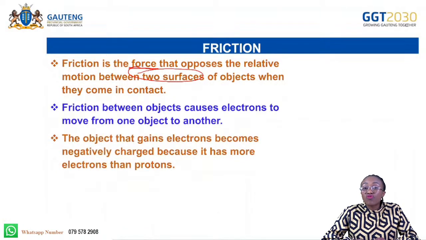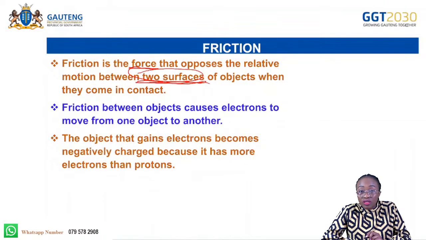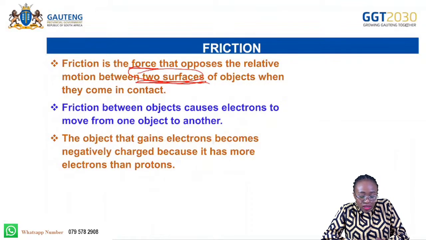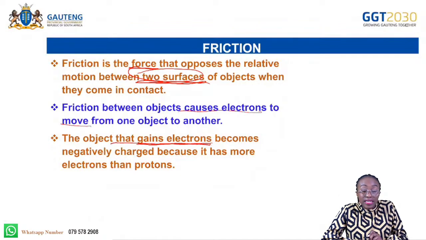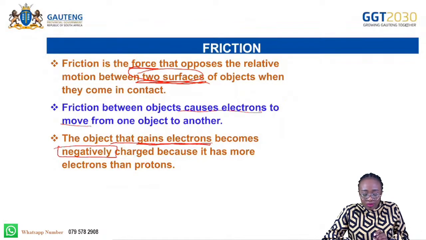Now, when this movement happens, remember it's 2 surfaces of objects. So when this friction happens, one object is going to gain electrons, because friction causes electrons to move. The object that gains electrons becomes negatively charged. Why do we say it becomes negatively charged?